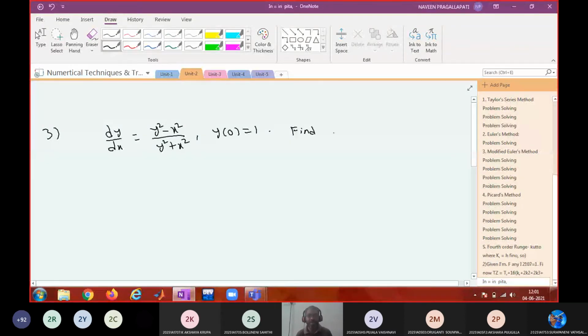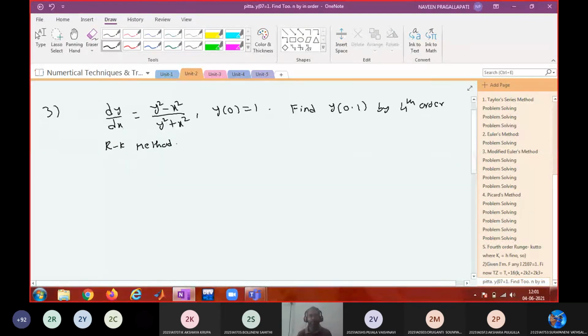Find y of 0.1 by fourth order Runge-Kutta. In the previous two problems we took h equal to 0.2, so let us take 0.1.